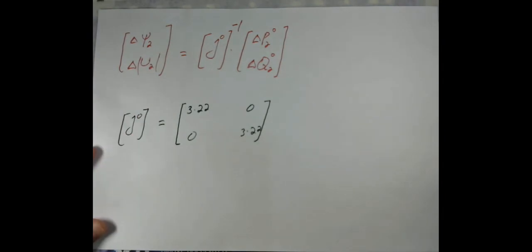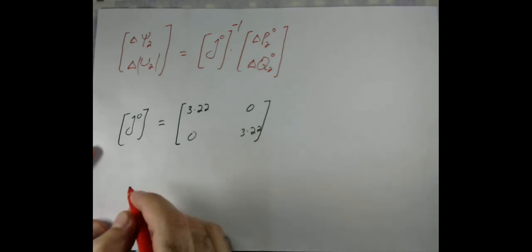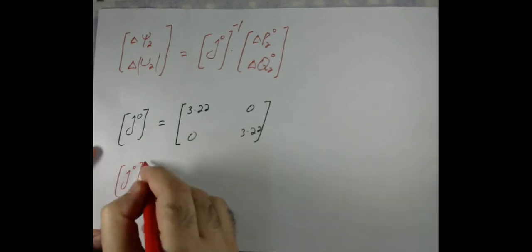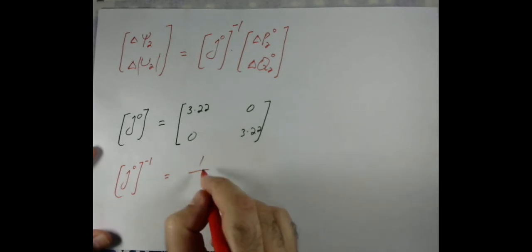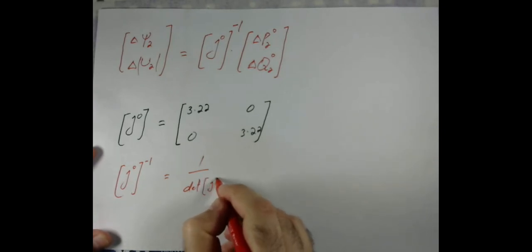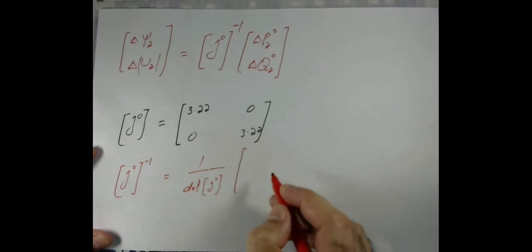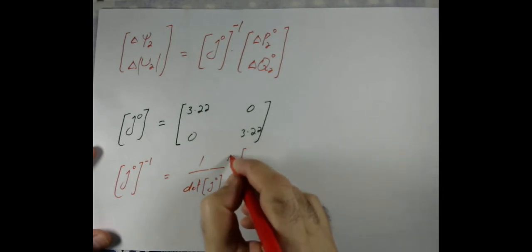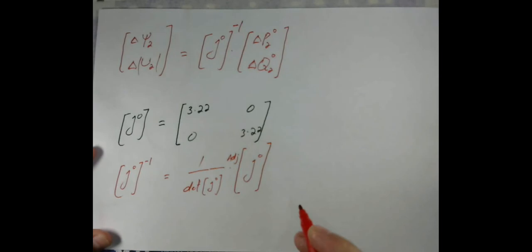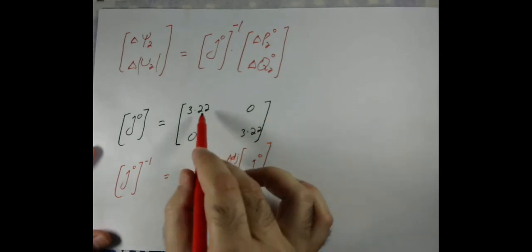You know that the inverse of a matrix, so the inverse of the Jacobian matrix, will be equal to 1 over the determinant of J0 times the adjoint of the Jacobian matrix.